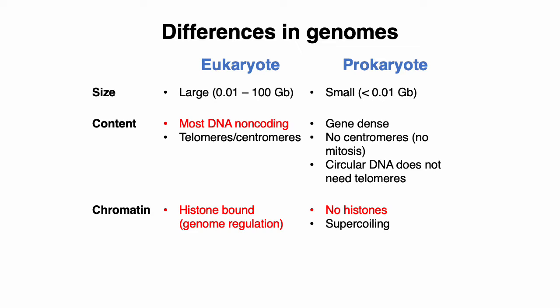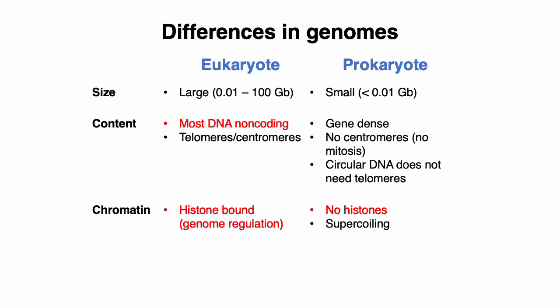Whereas prokaryotic genomes are pretty compact in the sense that they're pretty gene dense. There are no centromeres, and they don't have a lot of long-range enhancers. In terms of chromatin structure, eukaryotic genomes tend to be more complicated in the sense that the genome is typically wrapped around histones, and the positioning of these histones and their relative occupancy of different parts of the genome can act in a regulatory fashion.